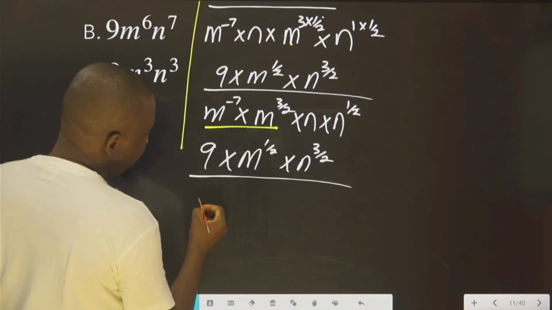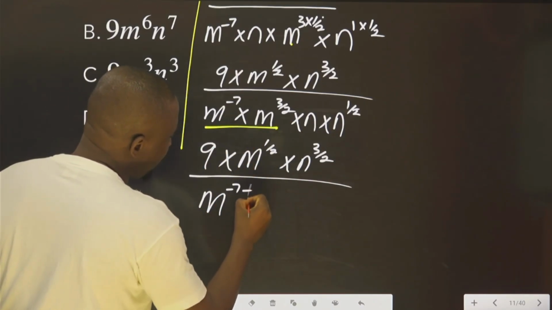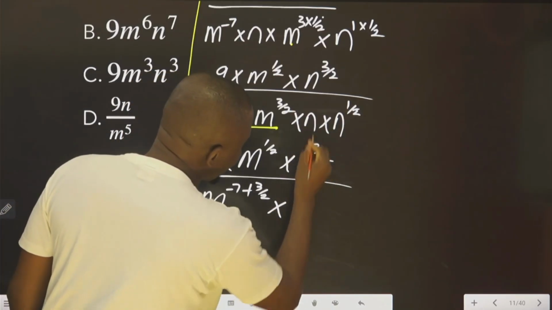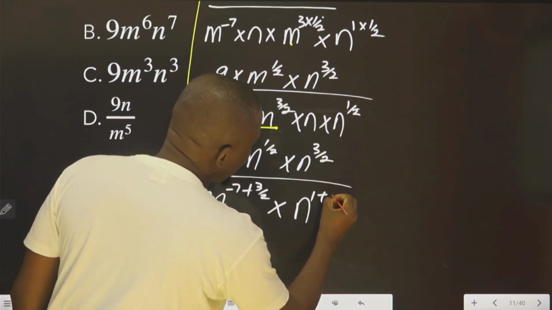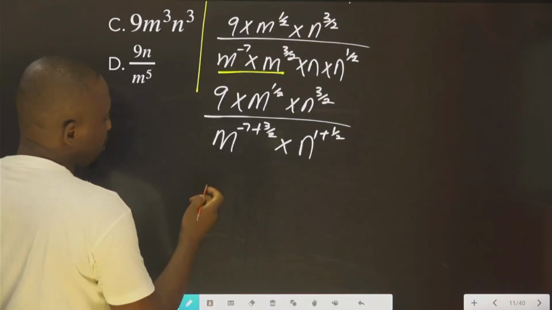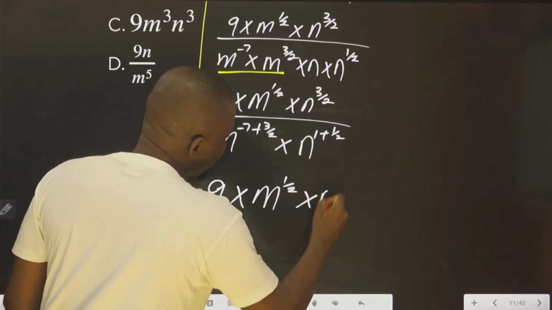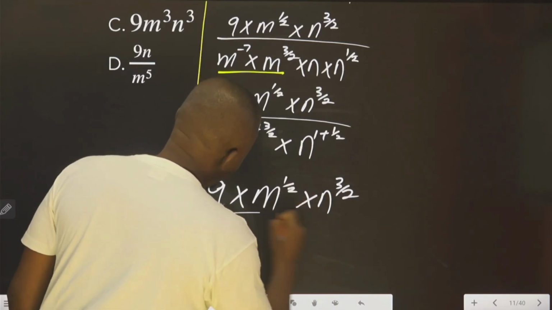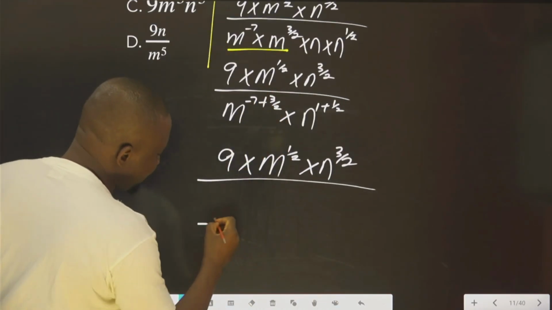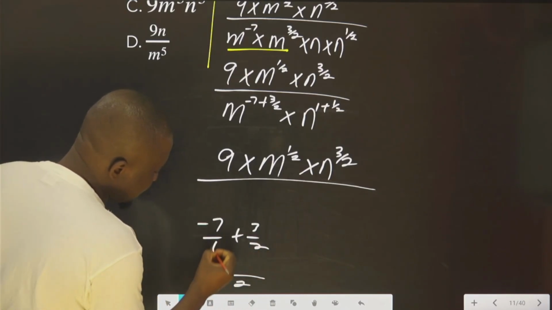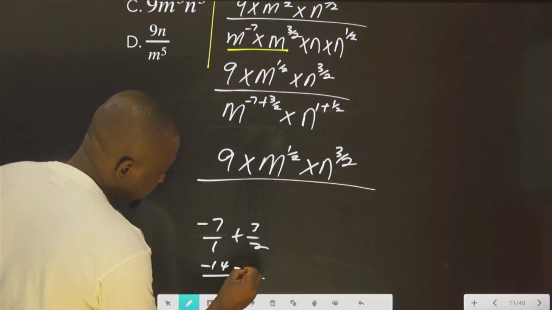These guys will come together as m to the power minus 7 plus 3 over 2. Why will this come together? 1 is here, that is 1 plus 1 over 2. I will continue my work. Numerator, just wait, okay? Don't worry, I'm coming for you. These guys, I have to say 7 over 1 plus 3 over 2. 2 is here, this is minus 14 plus 3.